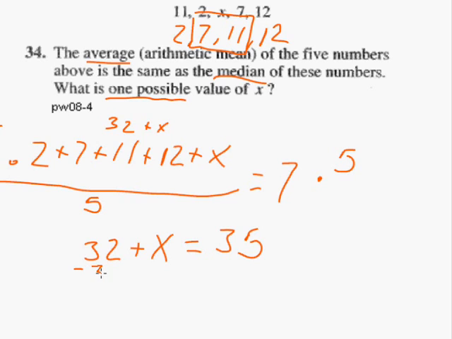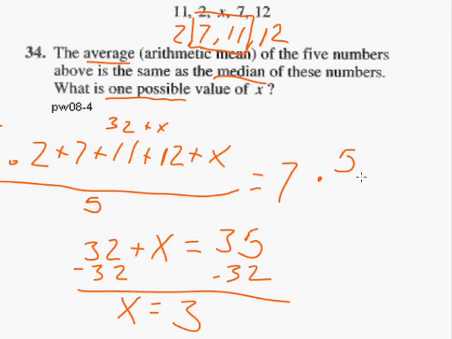So now minus 32, minus 32, and we get that x equals 3. So what is one possible value of x? 3. We could go back and do the same thing but set it equal to 11 if we wanted to, and then go through and solve it.